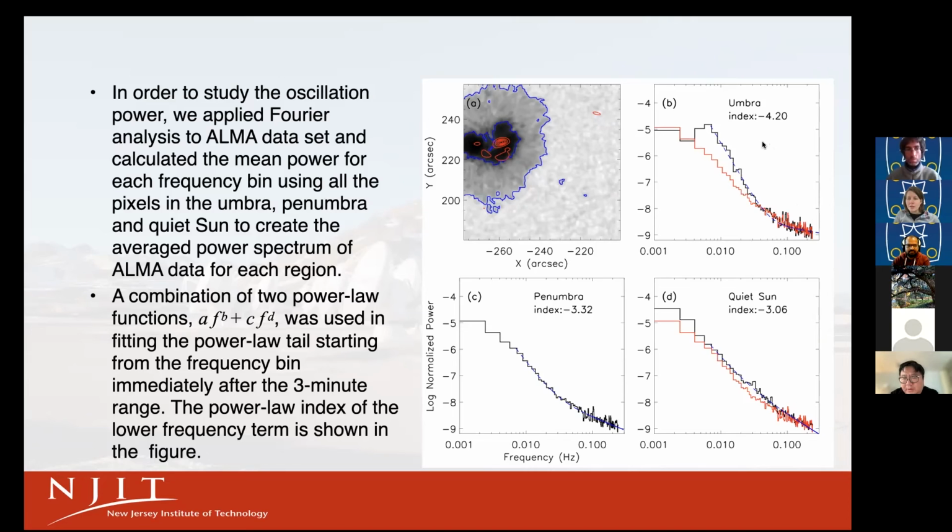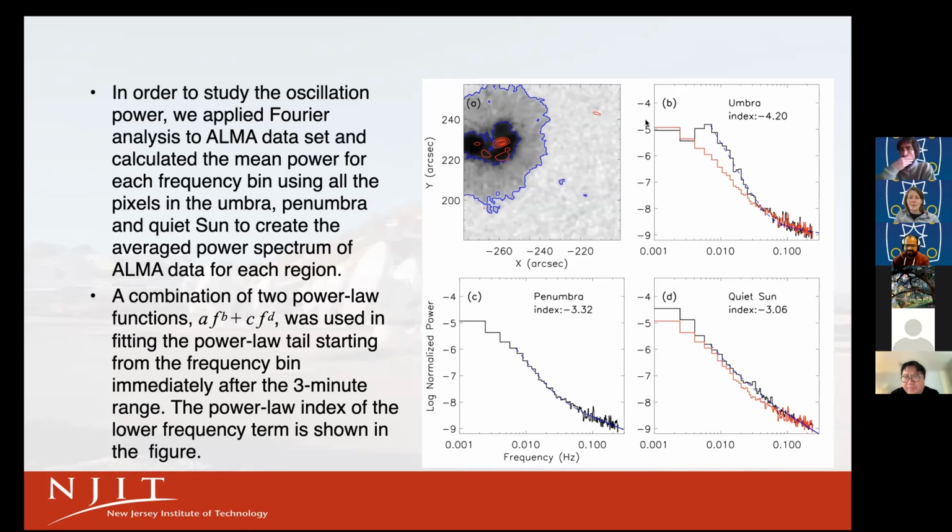Okay, and then there's a second question: why didn't your ALMA observations target the center of the sunspot? Well, that's because it's the solar commissioning campaign, so the target is just for testing of the data. And it's good because the testing data also shows quite promising scientific results.